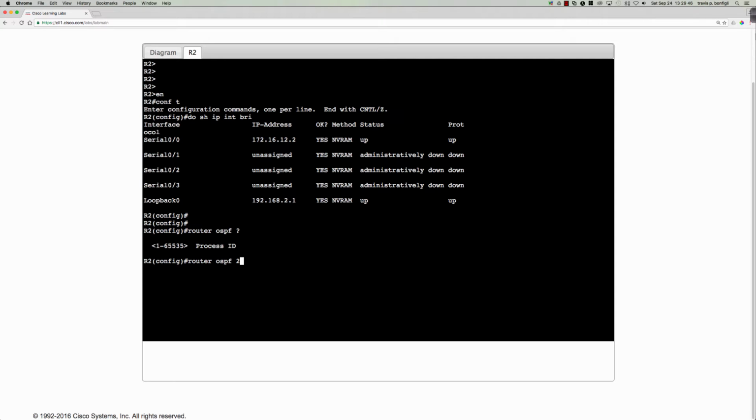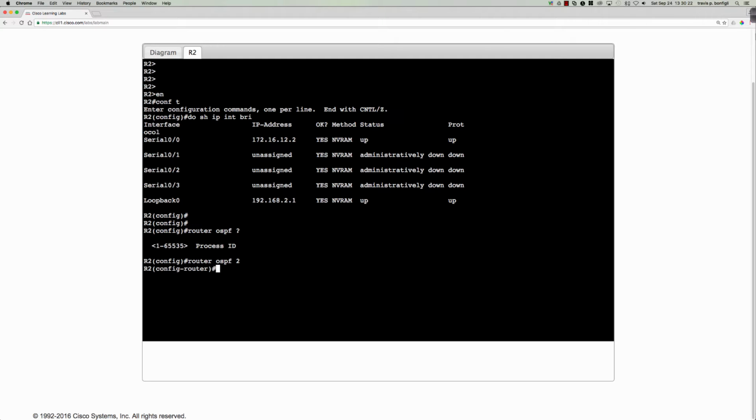Where the process ID is not locally significant is sort of an advanced scenario where we would be talking about an MPLS layer 3 VPN scenario, where the PE and CE are pairing with OSPF and the process ID is not the same. So for our purposes, it is locally significant for the scenarios that we'll be working, but keep in mind that that is not a universally true statement, that it does start to carry some significance just outside the scope of our class.